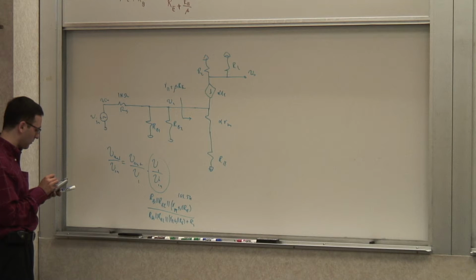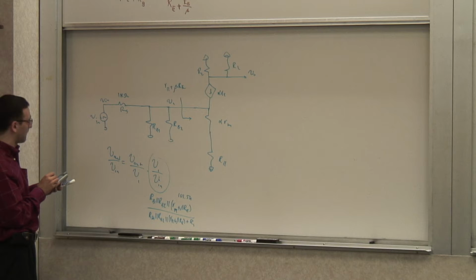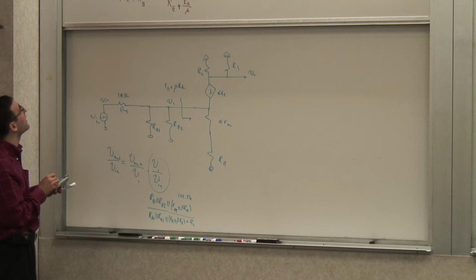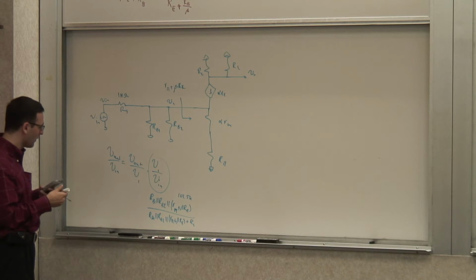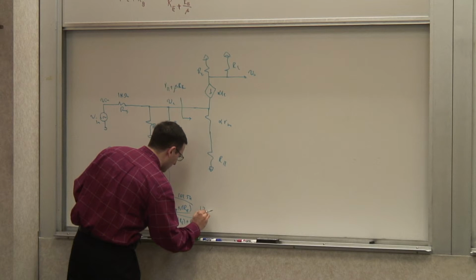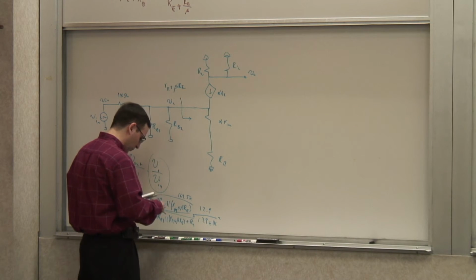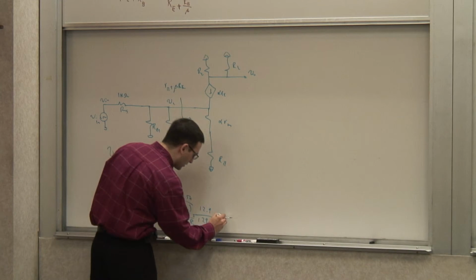So that's 45.6 times 18. 12.9. This thing is 12.9 divided by 12.9 plus 1. So that's 12.9 divided by 13.9. That's 0.929.